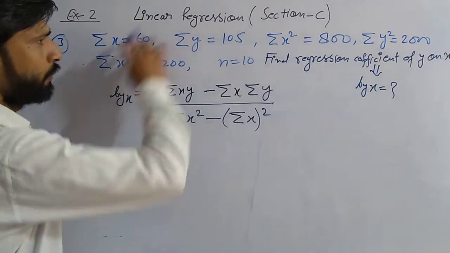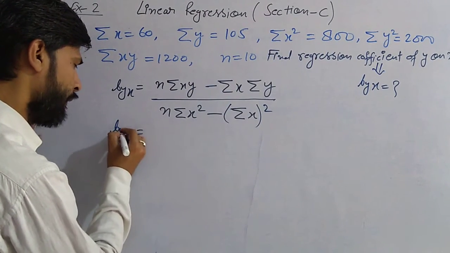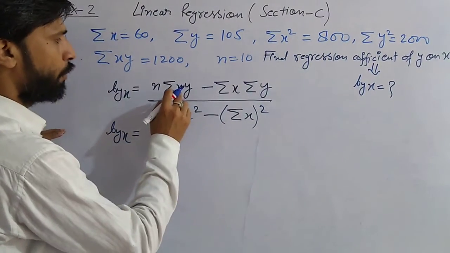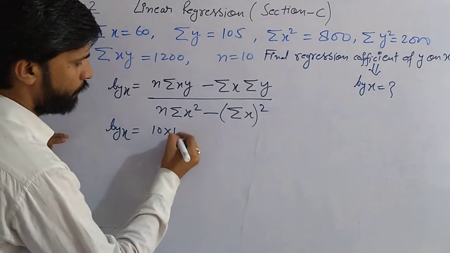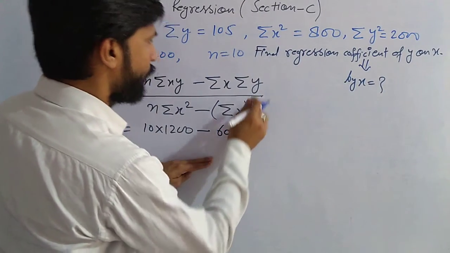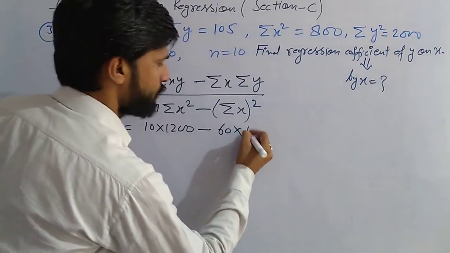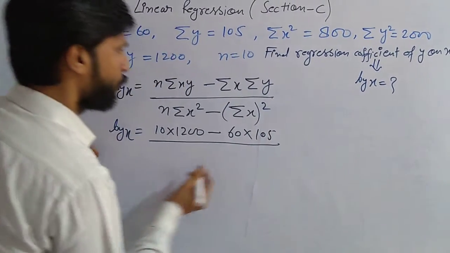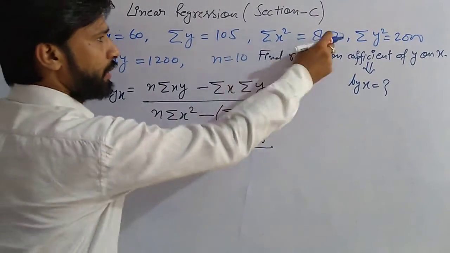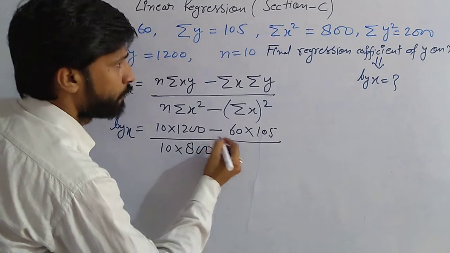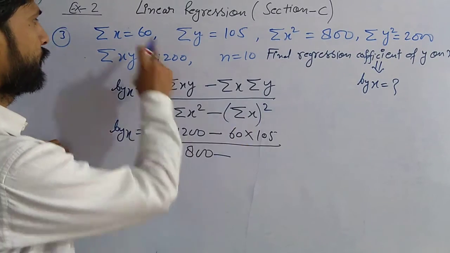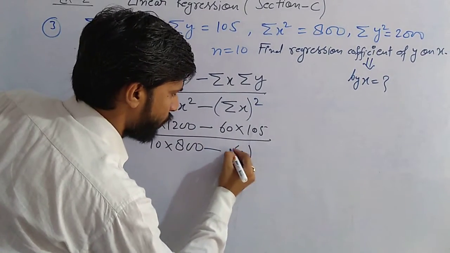Now substituting the values of all these terms, Byx is equal to, value of n is 10, value of sigma xy is 1200, minus sigma x is 60, sigma y is 105, upon n is 10, sigma x square is 800, minus sigma x whole square, the value of sigma x is 60, whole square of this.